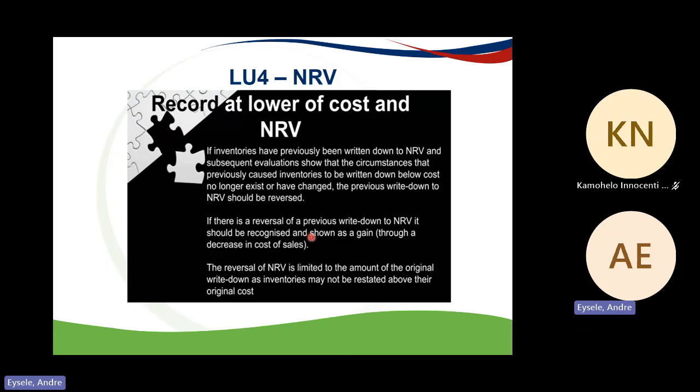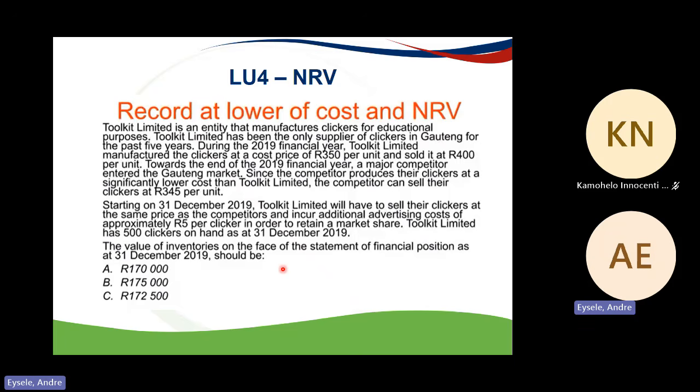A reversal of a previous write down to NRV should be recognized as a gain through decreasing cost of sales. The reversal is limited to the amount of the original write down, as inventories may not be restated above their original cost. That makes sense, it's logical. Record at the lower of cost and NRV.